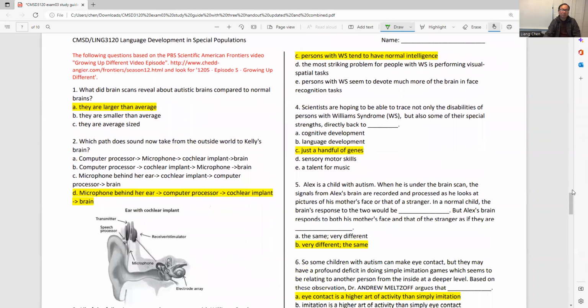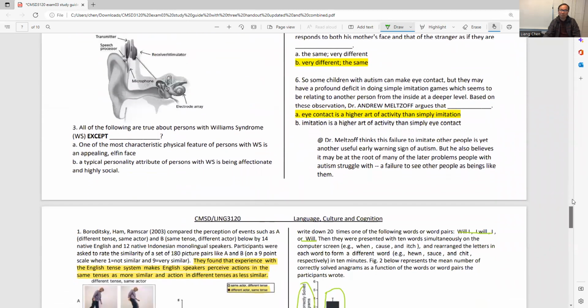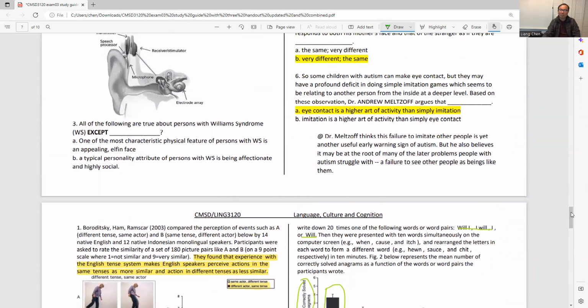So these are the answers to this question already, so I'm not going to go over this. The only thing here, number 6, some of you may notice that imitation and eye contact are both high level cognitive abilities.